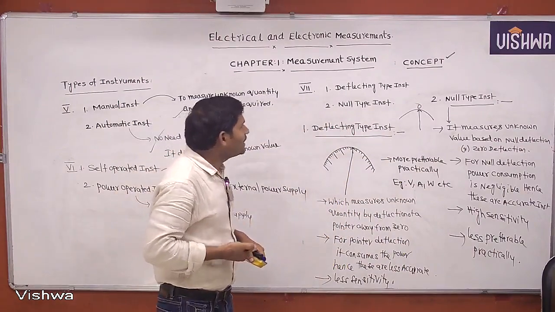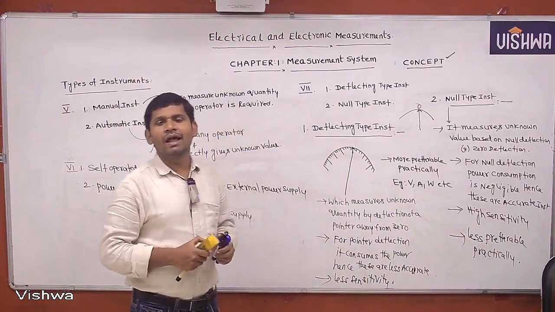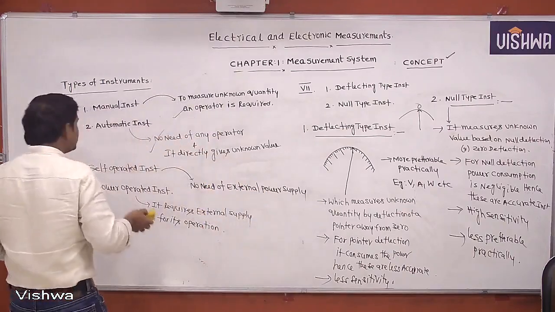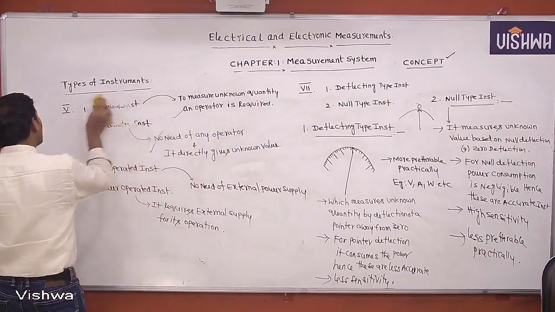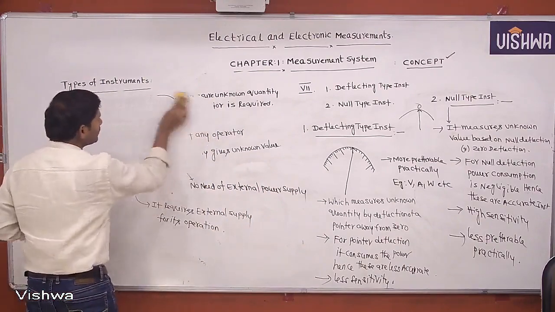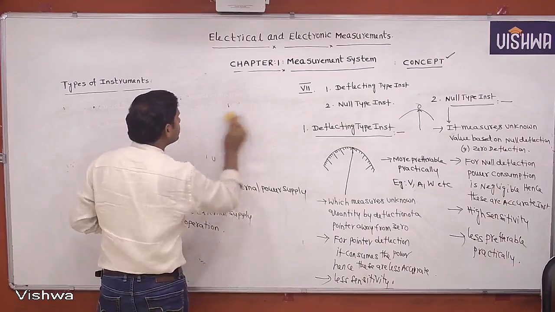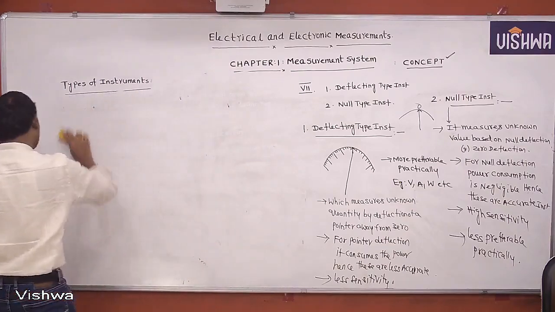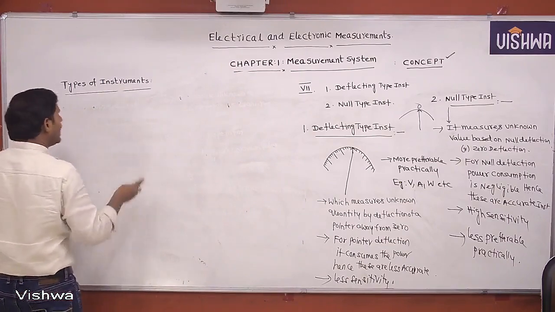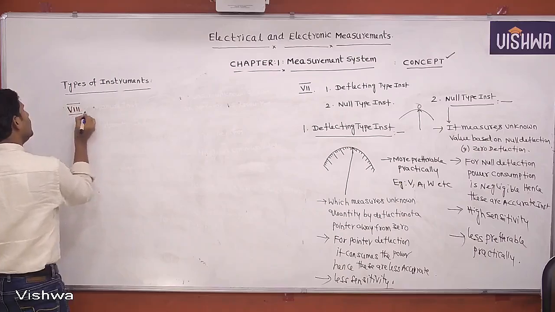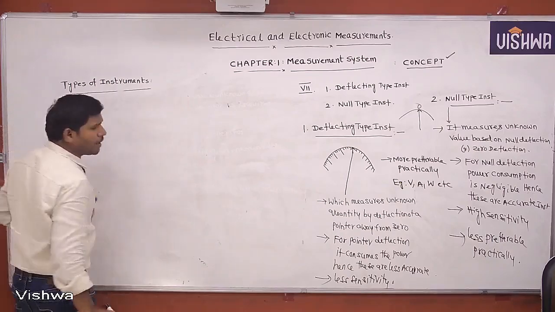What is the deflecting type instrument and what is the null type instrument? Now there are simple classifications: the 7th, 8th and 9th. There is some simple classification that I want to give, with no need for in-depth discussion. The 8th classification of instruments is based on application.